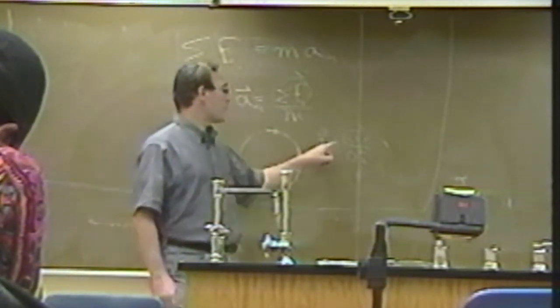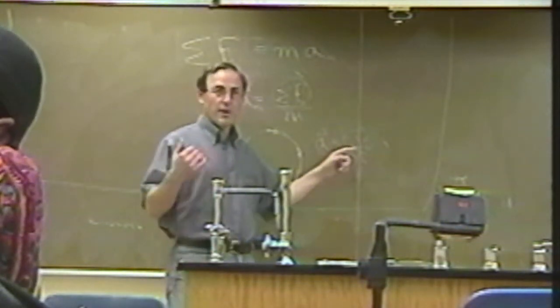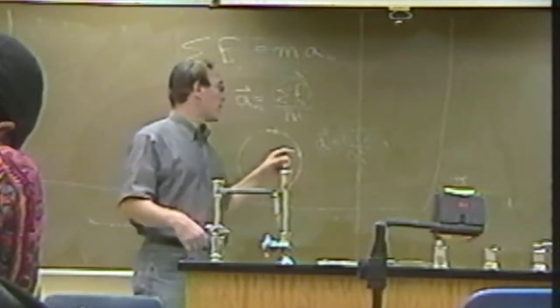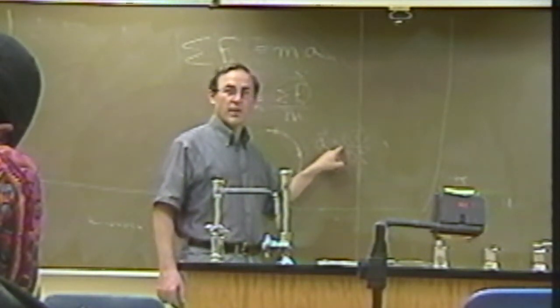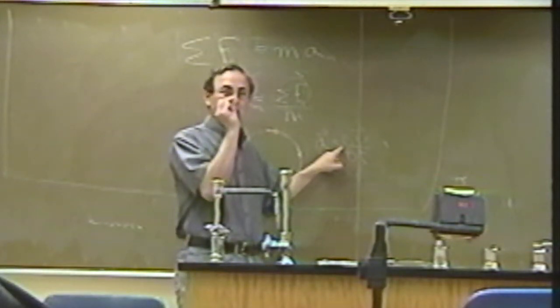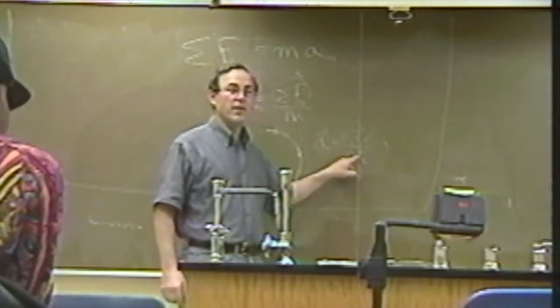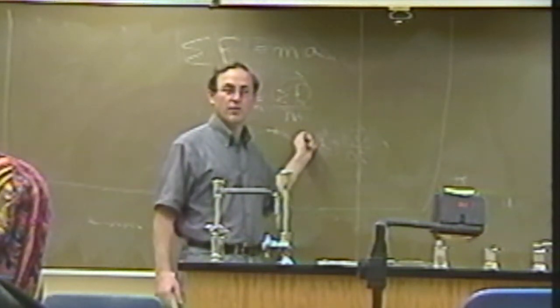What does this mean, delta V over delta T? Why do we put a delta? As we discussed at the beginning of the semester, we really mean the limit as delta T goes to 0. We want to take two adjacent points, two points which are so close together that delta T is extremely tiny and gives you an answer that's as accurate as whatever precision you're demanding.